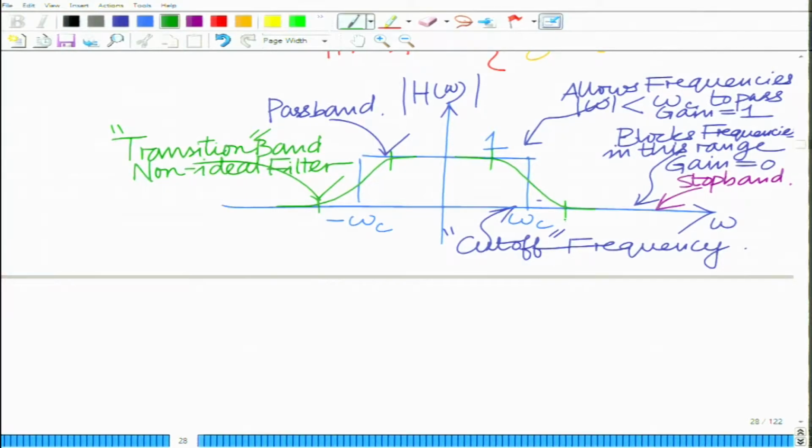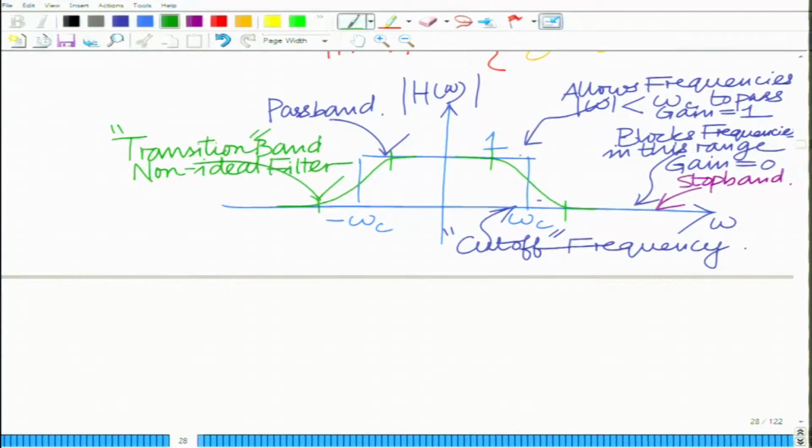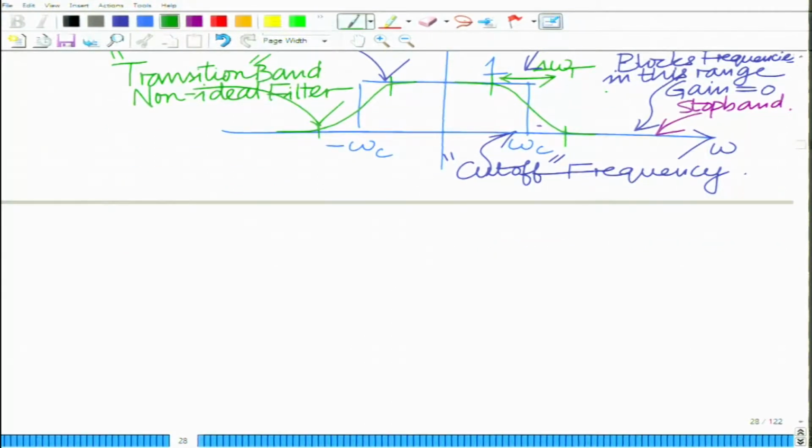We would like to design filters which are as close to ideal as possible, which means the cutoff is as sharp as possible and the transition band is as small as possible. We can call this transition delta W.